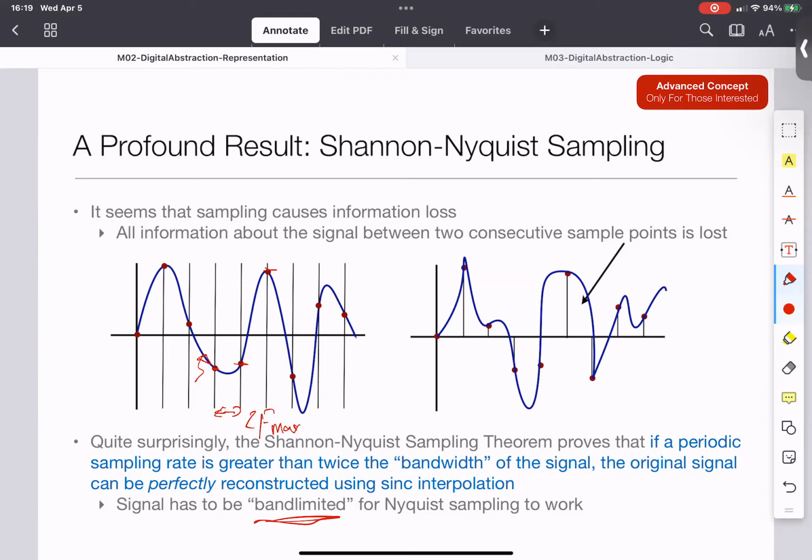Since then, in recent decades, a lot of very cool advancement has happened, which has shown that if I know more about this signal, this blue waveform, then I can sample even more parsimoniously, more sparsely. A lot of cool work on that happened right here at UCLA in the math department.